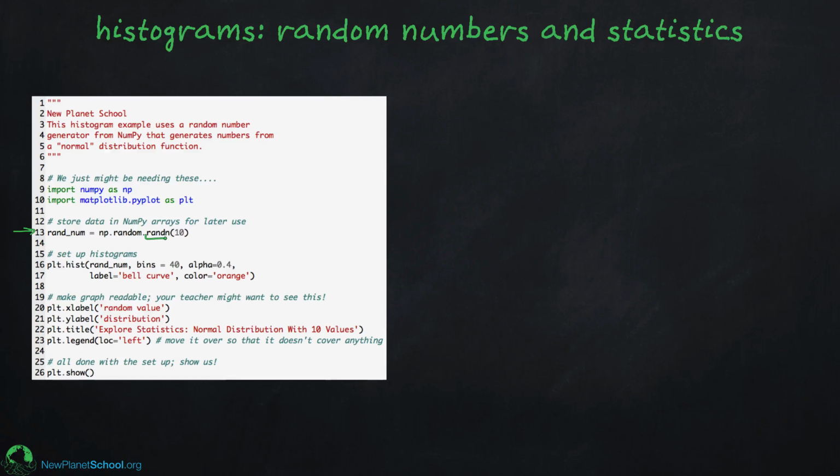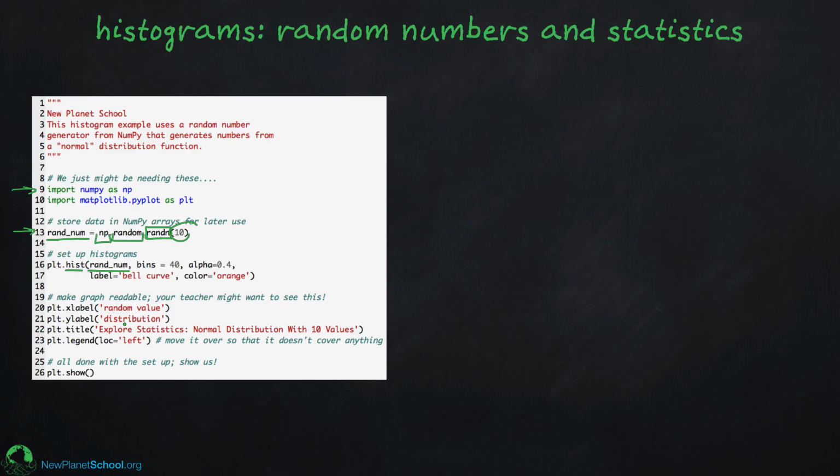This generates normal random numbers, in other words, distributed according to a Gaussian, using the random package, which is inside of NumPy, which we brought in right here. And I'm going to generate 10 values. I'm going to take those values and put them into a list, or in this case, a NumPy array. And then I just use the hist command to make a histogram, just like we just did. I set the number of bins to be 40, change the colors, give it a label, and so forth.